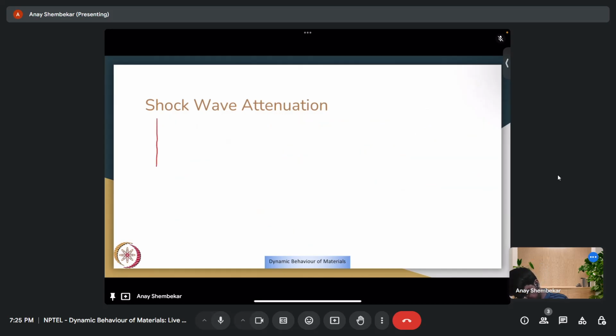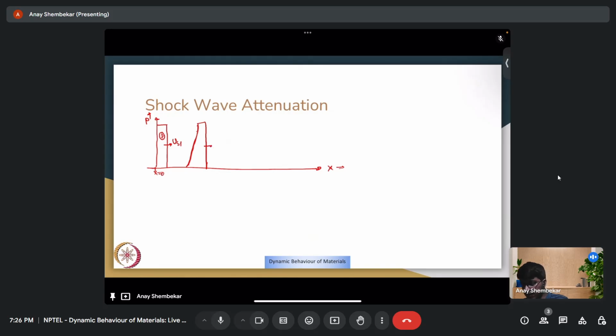If we plot how a shock wave looks like at different snapshots of time. Suppose this is how it initially looks at t equal to t1, with x equal to 0, t equal to 0. Then it will travel some distance, after which the release wave will start catching up.